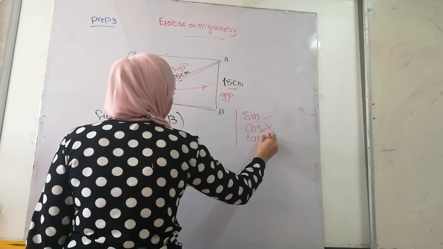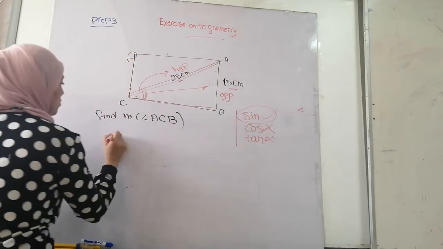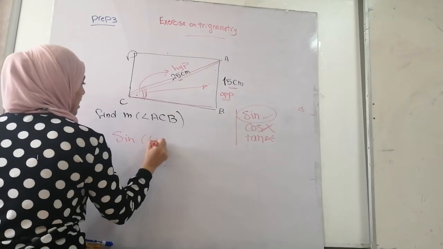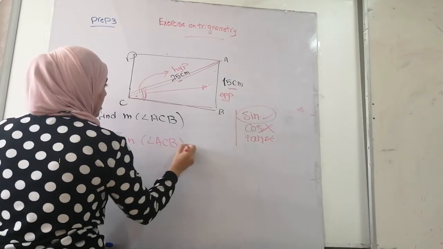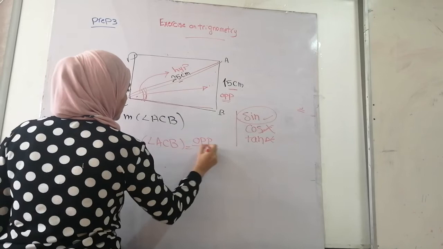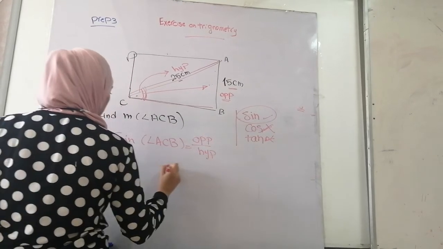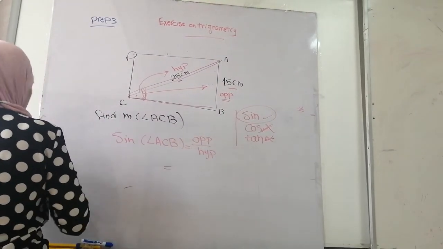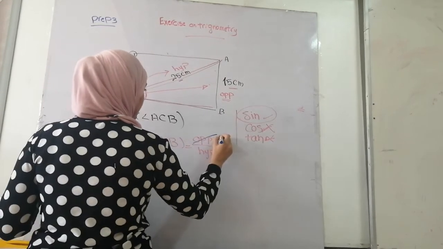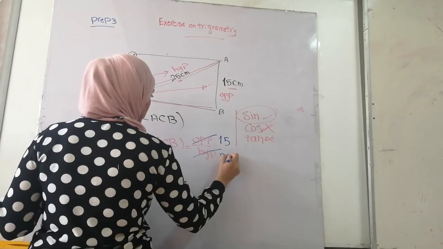Not cosine, not tan. It's sine. So sine ACB equals opposite over hypotenuse, equals 15 over 25.